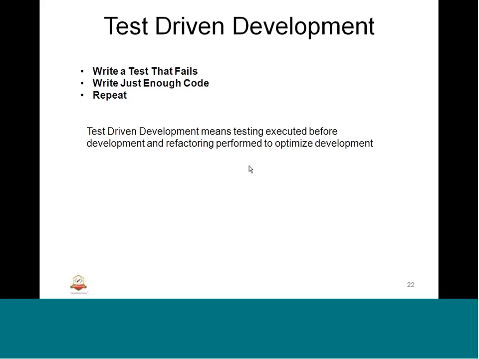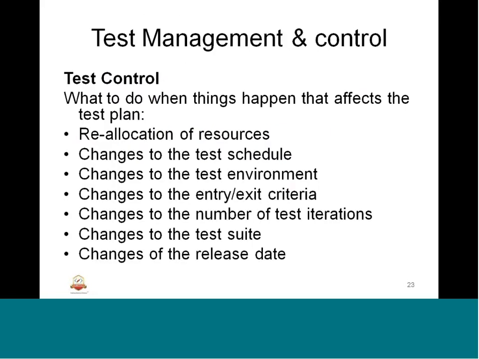Okay. Test management and control. What to do when things happen that affect the test plan. So if there is a hit on the test plan, we are going to definitely work on the test management and we need to control it. So we need to reallocate various resources.